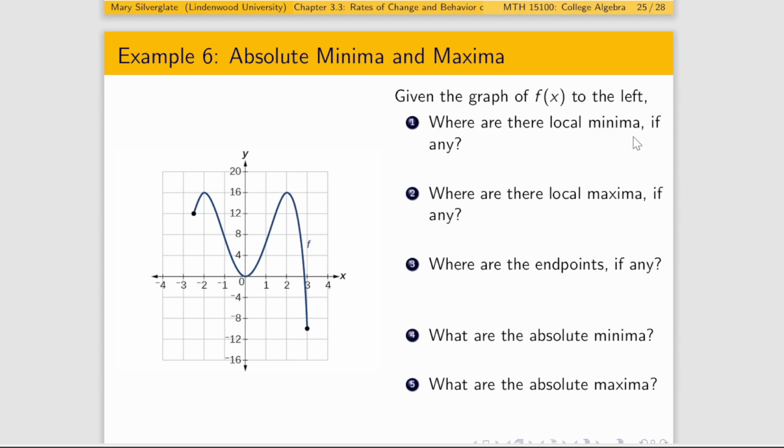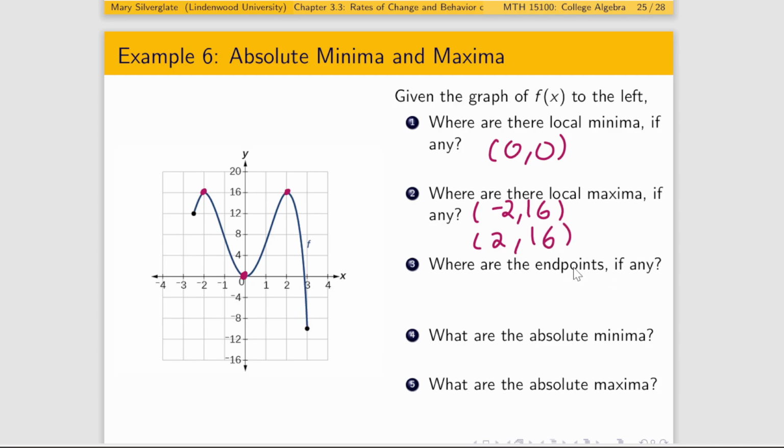So when we're talking about local minimum, remember that it needs to have neighbors. So here the only local minima will be at the point 0, 0, because these other minimum don't have neighbors. For local maximum, those happen at 2 points. We've got one here at -2, 16, and another one here at +2, 16.